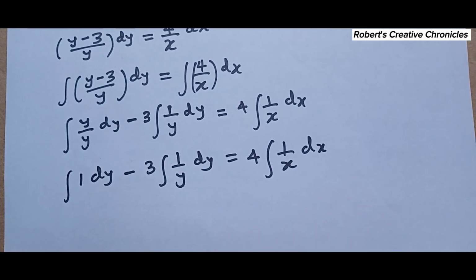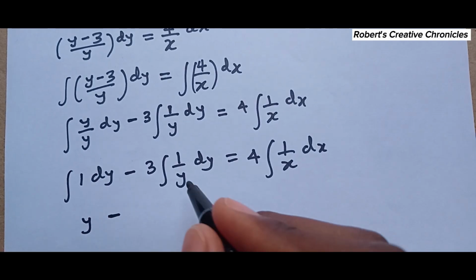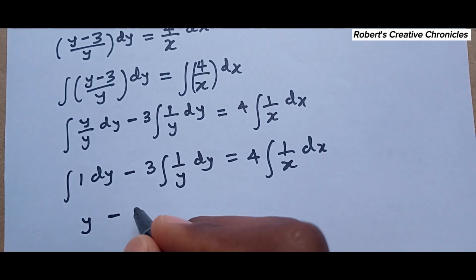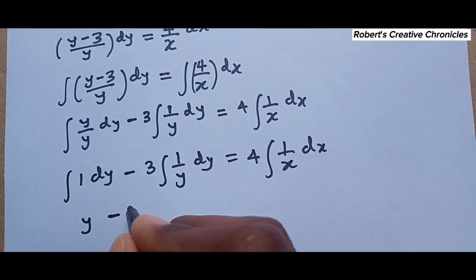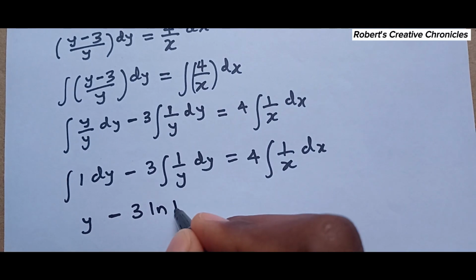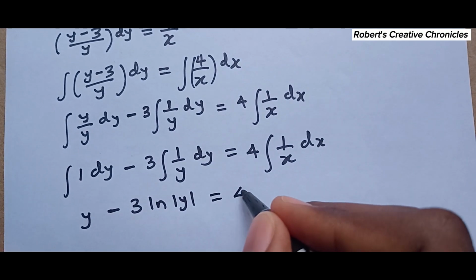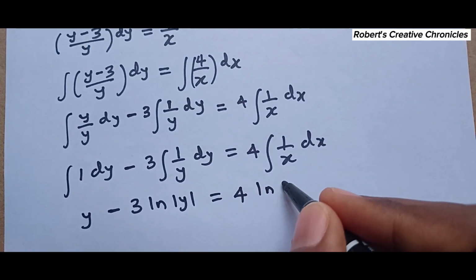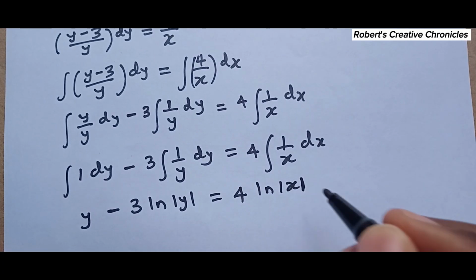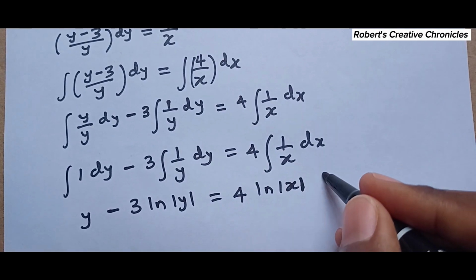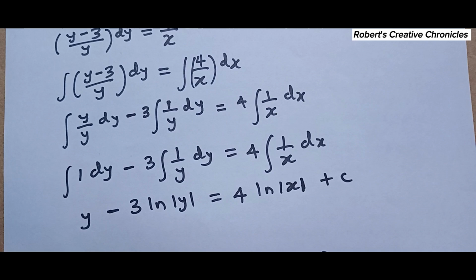So we'll integrate now. This becomes what? Integral of 1 dy is y, minus the integral of 1 over y is ln y, so it will be 3 ln y. Then this becomes 4 ln x. Then if you finish, you add plus c to the right hand side.